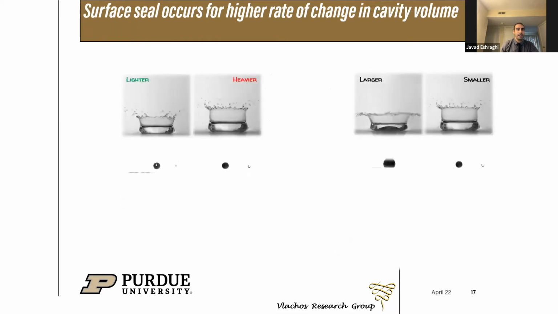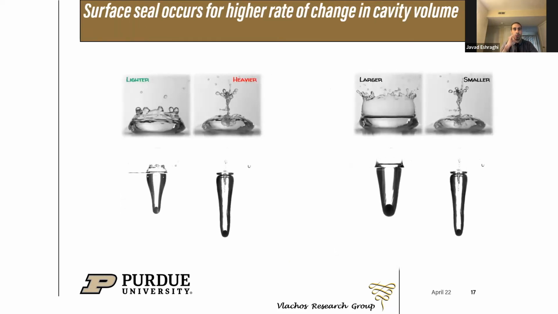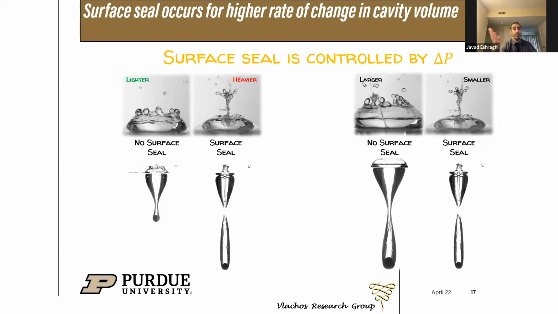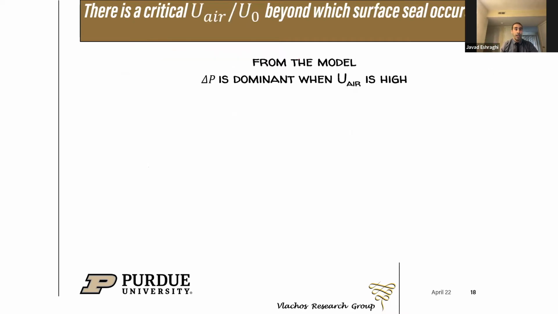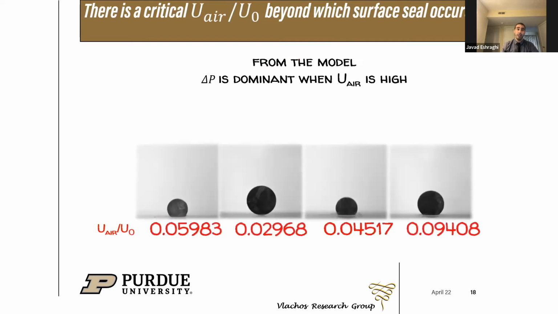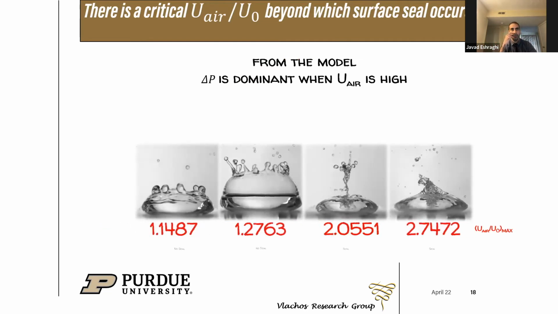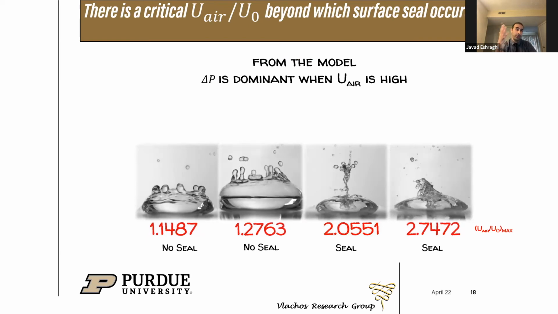Another observation that we had also shows that the surface seal occurs for the cavities with a higher rate of volume change that corresponds to higher pressure difference. We know from the model that the airflow velocity controls the pressure difference. So we hypothesize that there is a critical U_air over U_0, where U_0 is our impact velocity, beyond which the surface seal occurs.